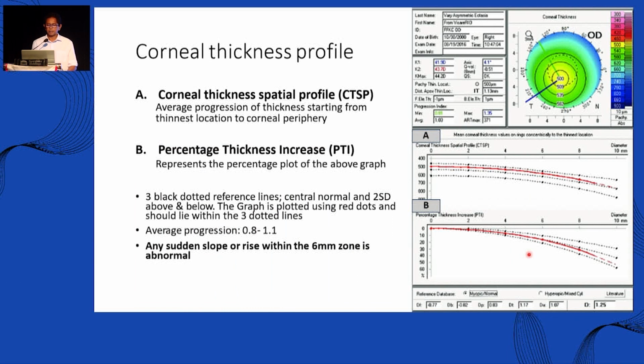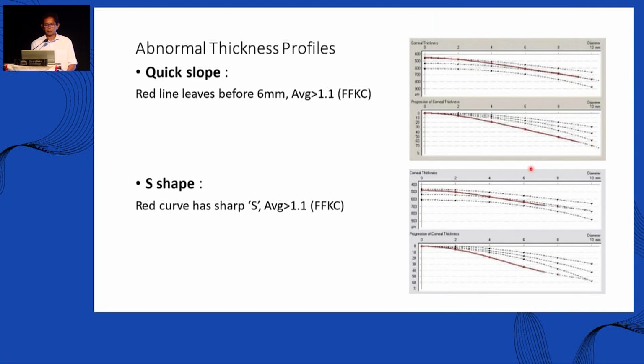Then you look at the corneal thickness profile, which tells you how it thins out the cornea, how it thickens when you move from the center to the periphery. So it has to be within these lines. So this is normal, but if it is a quick slope, if it drops down, then it is indicative of keratoconus.